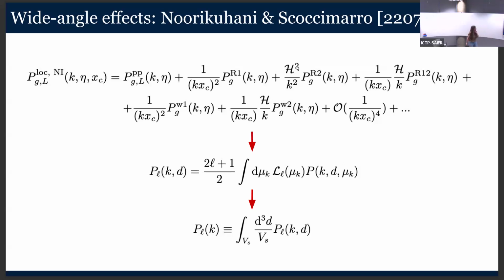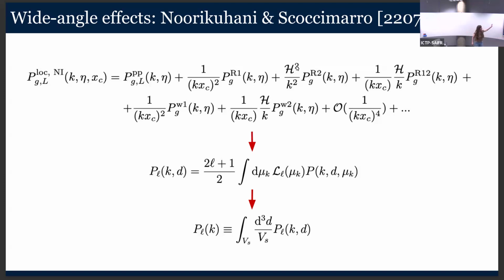But then, just to summarize, in terms of that epsilon parameter, which is the separation over d, you can do this wide angle expansion. And what they did in this paper was to compute each of these contributions. I'm not going to go into the details of what these terms mean. It's related to the projection effect and the pure wide angle contributions.